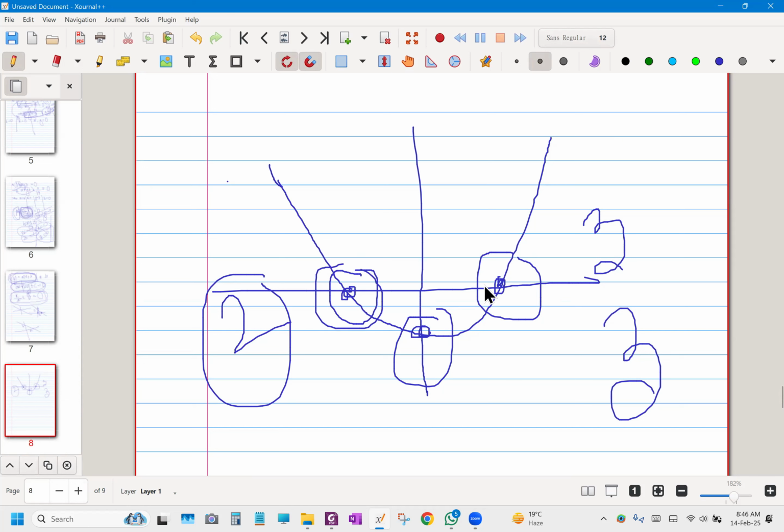Because if you know this point and this point, then the average distance between these 2 points, the middle point, would be the vertex of this parabola. This is called the vertex. So technically, you need to know 3 points, but at least you need to know 2 points.